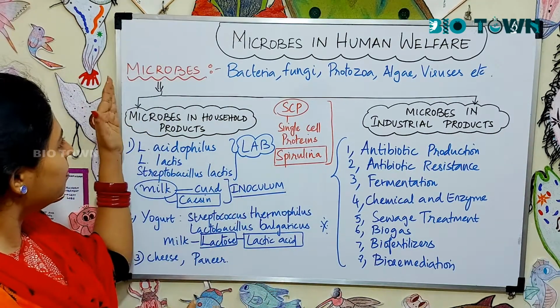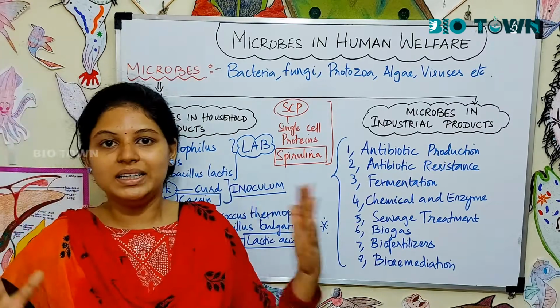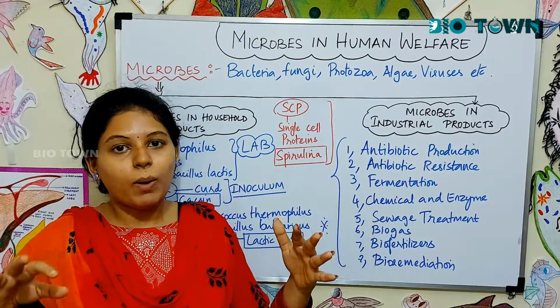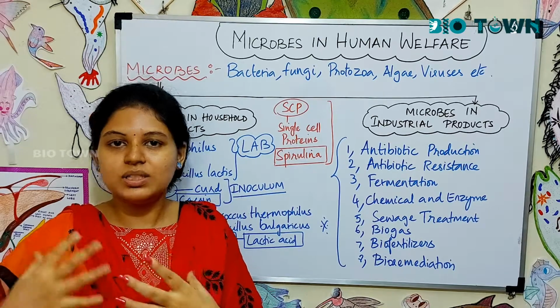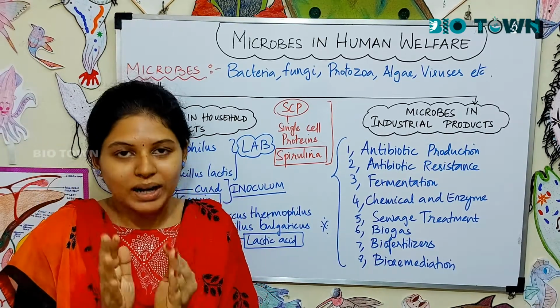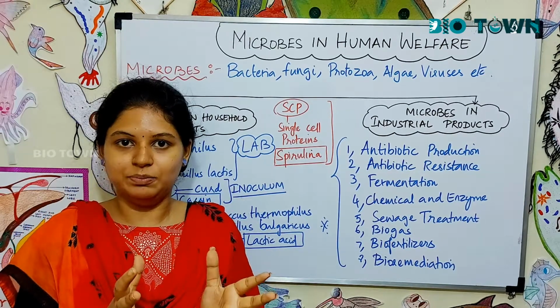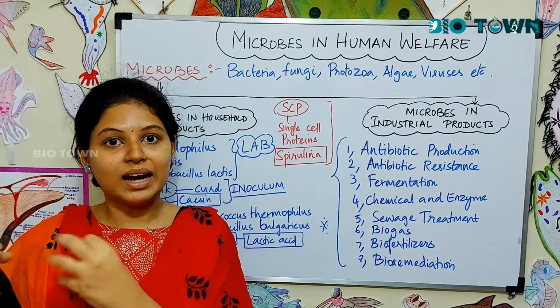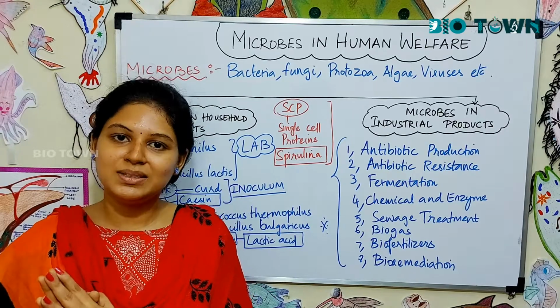Now you can divide the uses of microbes into two categories. One is personal use, where a household item is converted into another form with the help of these microbes.